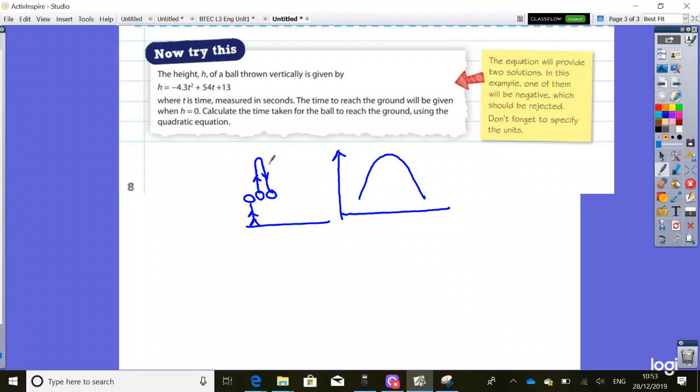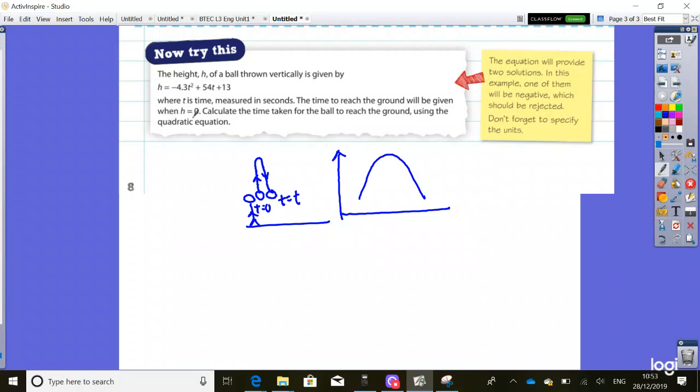The moment when you start throwing is time equal to 0, and then time equal to t whenever it finishes. Any time you want to know the height at that particular time, you just substitute the t in there.